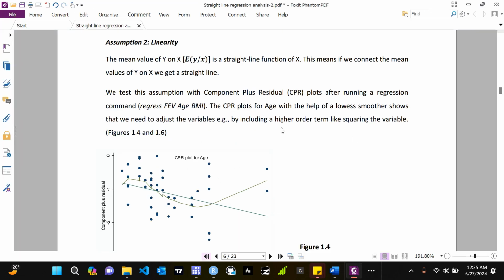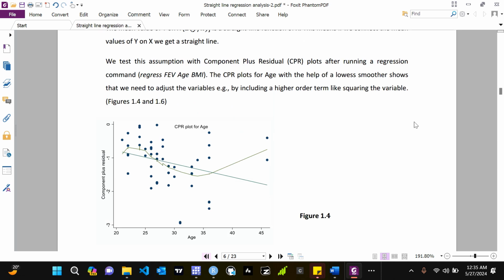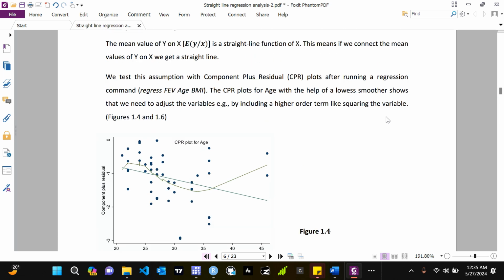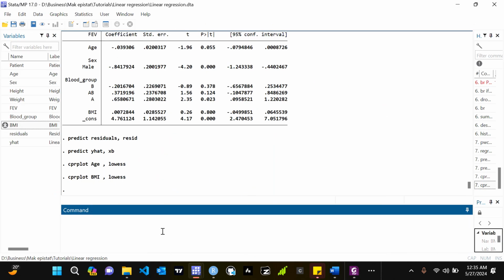Since it doesn't hold for age, we are going to introduce a higher order term in order to correct this. A higher order term can be a natural log, age squared, or cubed. So let's first deal with age squared.